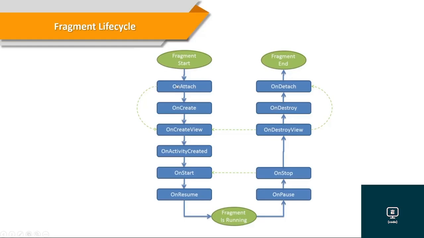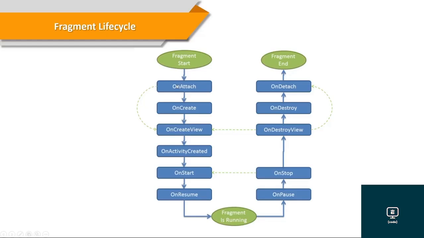For example, you can create as many fragments as you want, as deep as you want in one activity. Also, you can use one fragment in more than one activity. So I think this is enough background on fragments, just so that we can continue work on lifecycles.